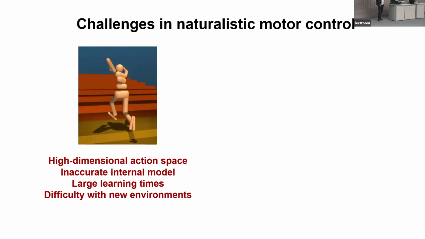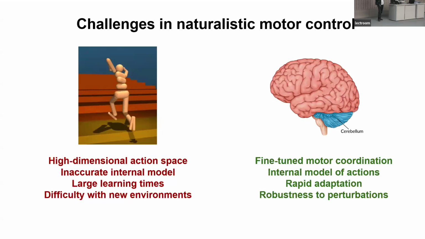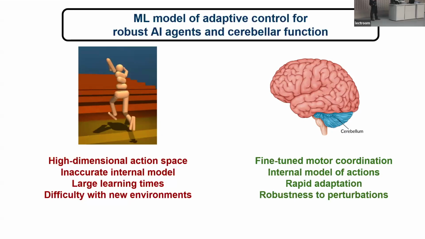And all these difficulties are things that the cerebellum is known to help us with in our naturalistic movement. So the idea is that by developing a universal adaptive controller, we could not only improve these DeepRL artificial agents, but also have a model of cerebellar function. So there are these two sides to the project.